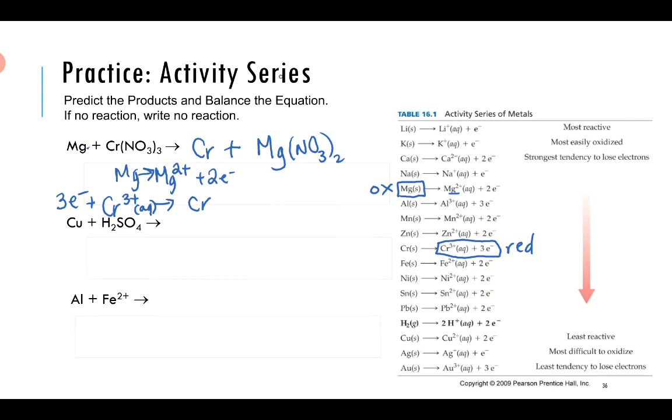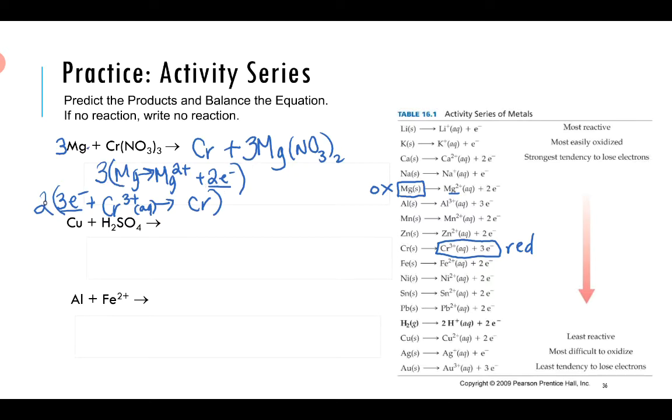So I got my chemical formulas, but I got to work out how many of each I need. I know that I need to lose as many as I gain, and so I'm going to need to multiply this by 3 and this by 2 in order to get 6 electrons exchanged between these. That way the number of electrons lost equals the number of electrons gained. So I'm actually going to need 3 magnesium, and I'm going to need 3 magnesium 2+ ions, and so I'm going to put a 3 there.